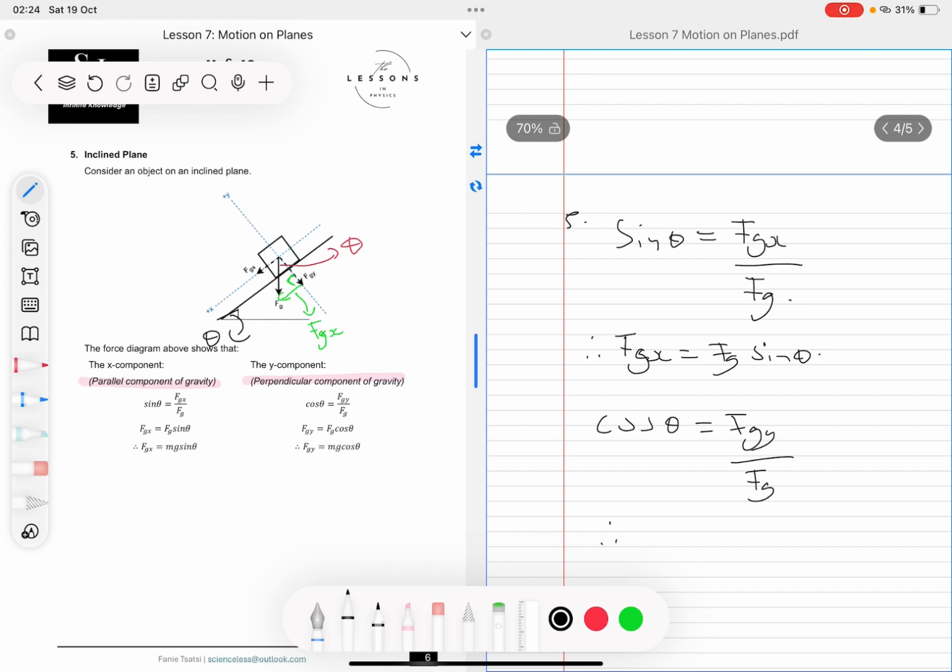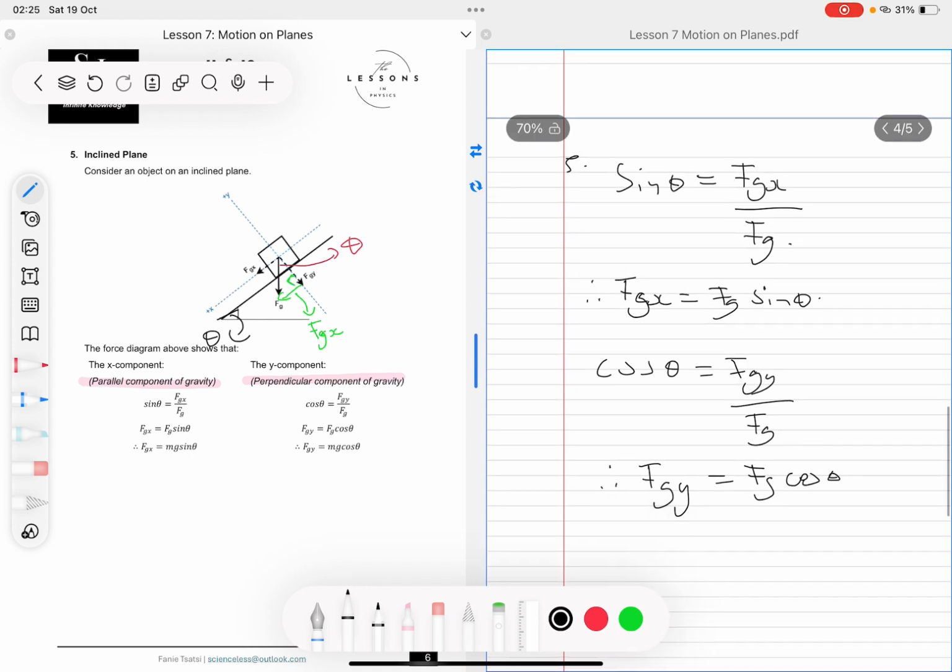Then when you cross multiply, you should be able to get Fgy is equal to Fg cos of theta. Now with cross multiplying, remember I'm cross multiplying this and this, it gives me that, and here we have an invisible 1, we'll get that.